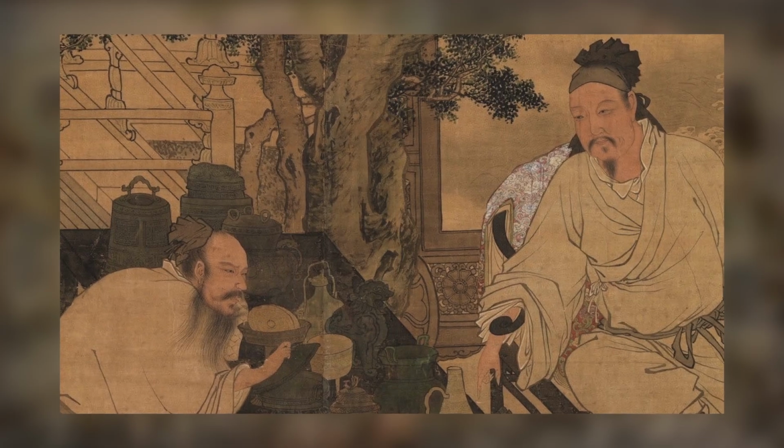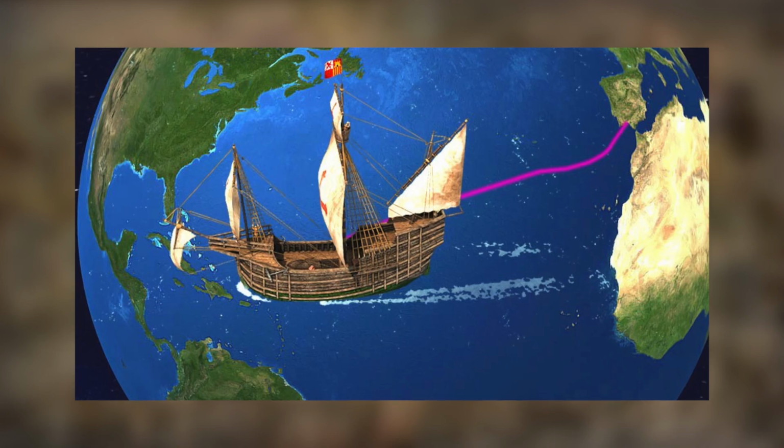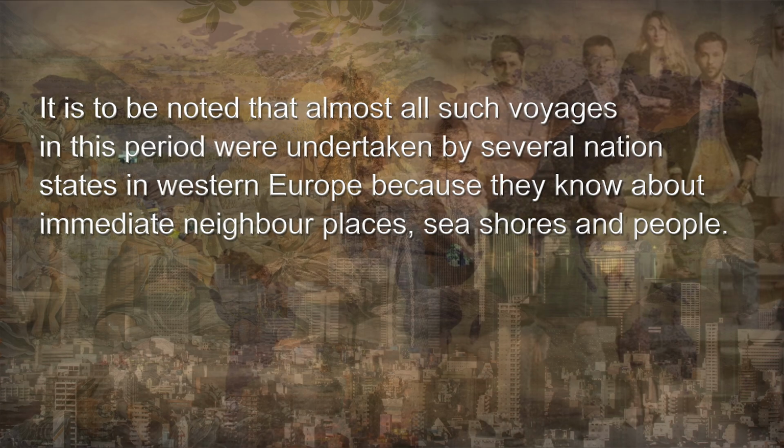In fact, Chinese were the first in undertaking such voyages, before Europeans, both on land and sea routes. It is to be noted that almost all such voyages in this period were undertaken by several nation states in Western Europe because they knew about immediate neighbor places, seashores and people.